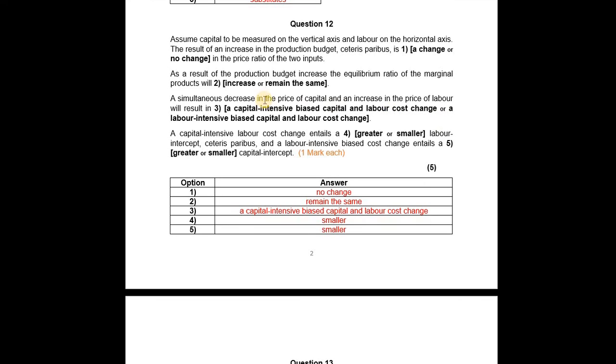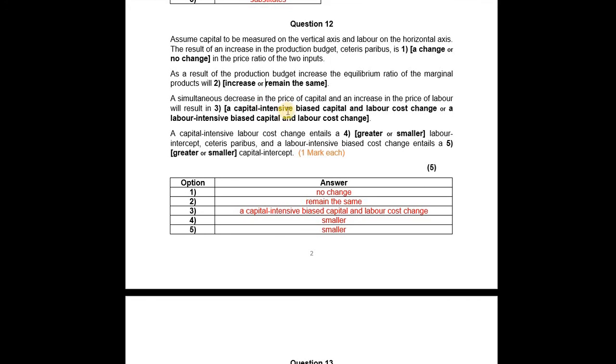This is because from this statement, it means that it became cheaper to employ capital, and then it became expensive to employ labor. So the price of labor increased. Therefore, we will put less of labor in the production process and put more of capital in the production process.